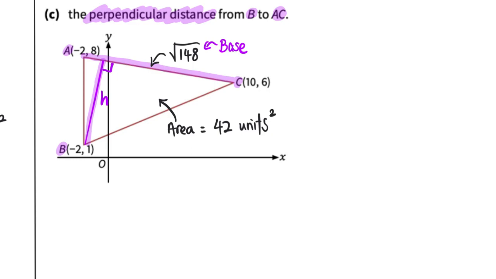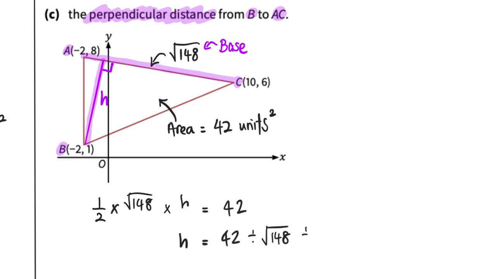This means that half times base square root 148 times height is equal to 42. So from here, H will be equal to 42 divided by square root 148 divided by half.